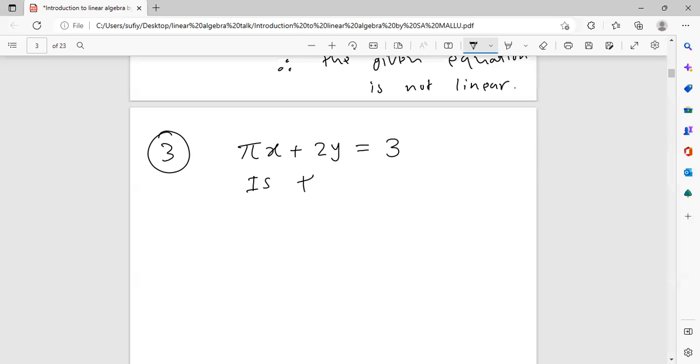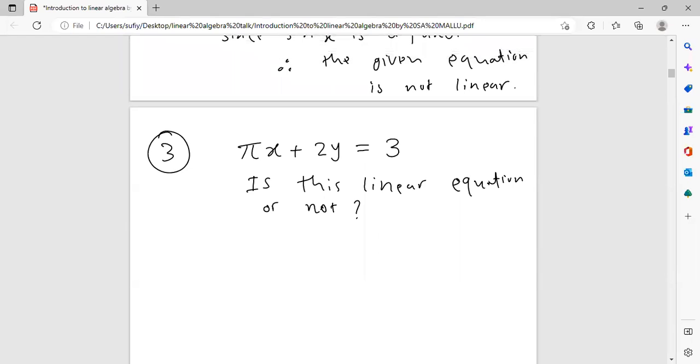And it's the same question. Is this a linear equation or not? Let's pause for a second here, and I want you guys to think for a few minutes and see if you can figure out whether this equation is linear or not.